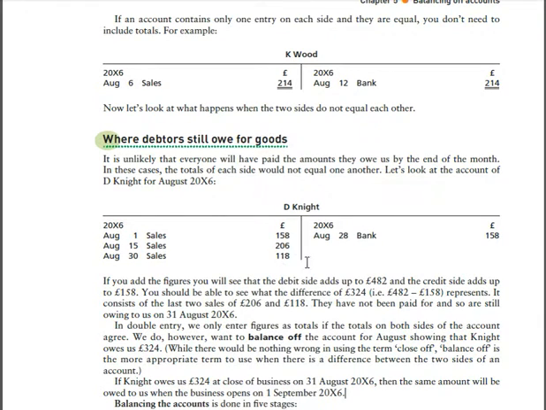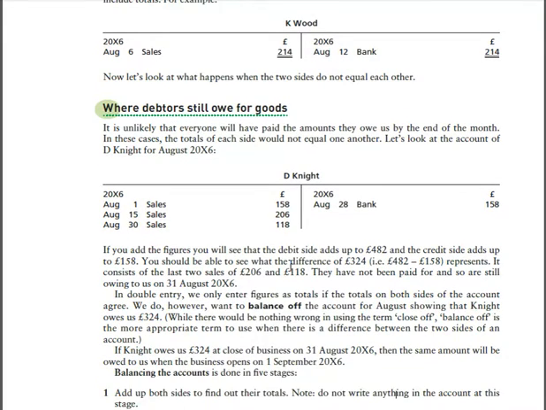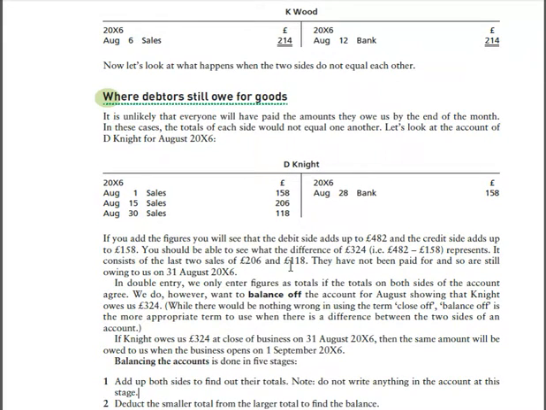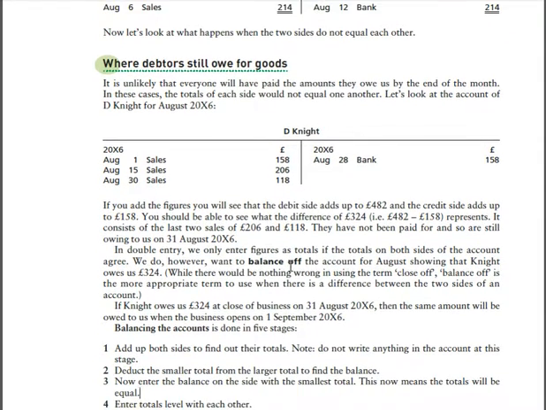This means that the account does not balance, which in result means that D Knight still has some amount owing to us which needs to be settled to completely close off the account. This means that we cannot close off the account, so we have to balance it by inserting a balance which would close the account for the period but carry forward a balance for the next period.